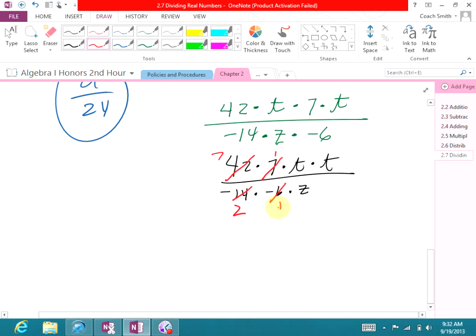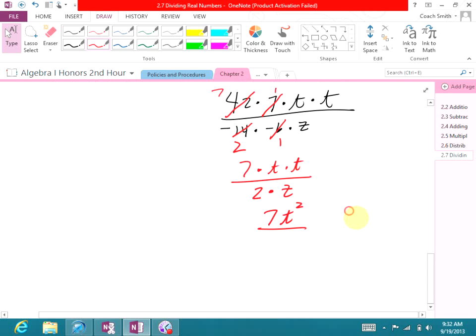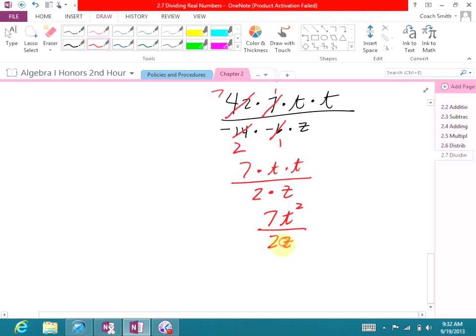Okay. So now, what I have left on top is 7 times t times t. On bottom, 2 times z. Okay? And then that is just 7 times t squared over 2z. And that's your answer.